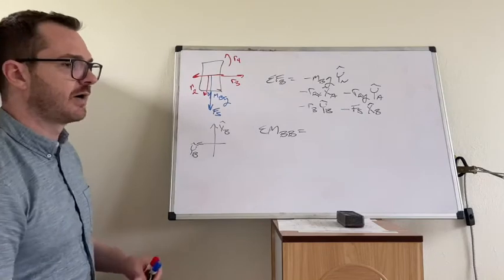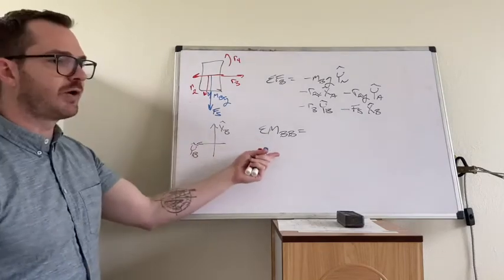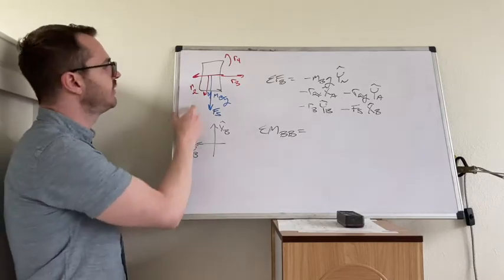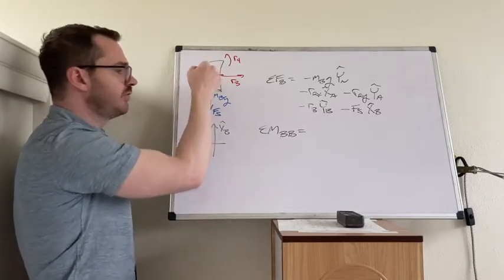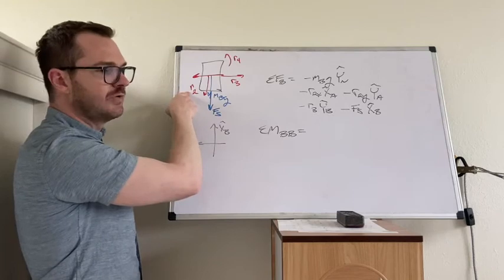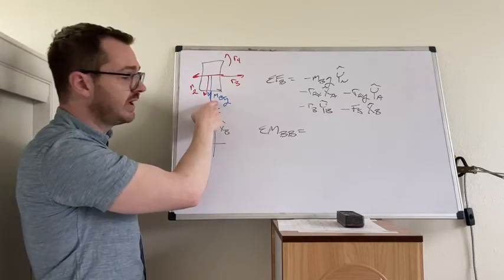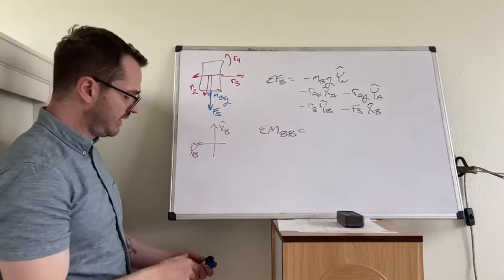Well, look at the diagram. How many of these forces even create moments? We helped ourselves out a bit during the setup. We made some assumptions. We said that the pin joint was right through the middle, which means R2 acts at the center of mass, which means it creates no moment. By definition, gravity acts at the center of mass, it creates no moment.